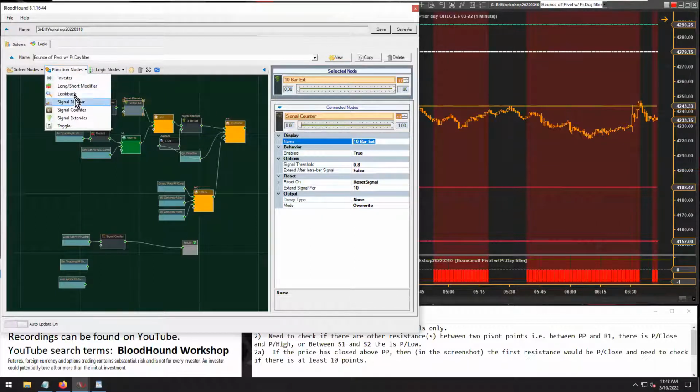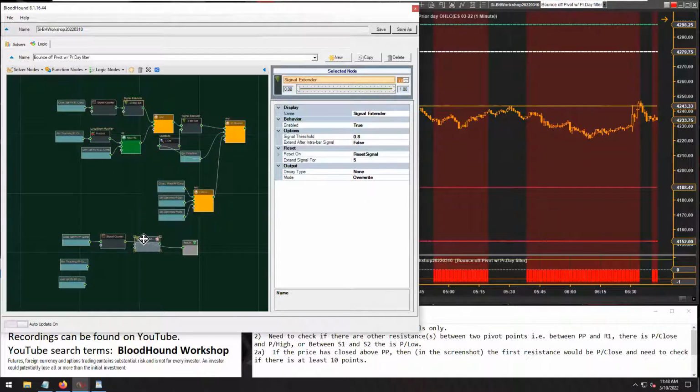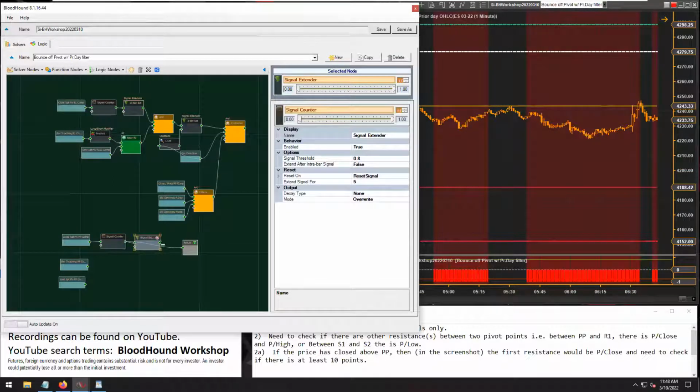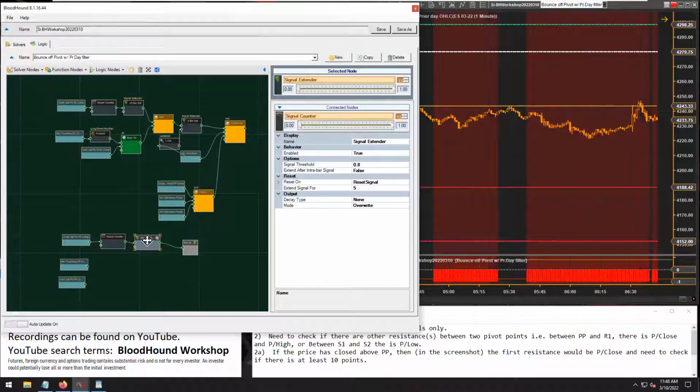And so now we need our 10 bar signal extender there. Let's grab another signal extender and connect that onto the end, like so. And so adjust the extend signal to 10, and here we put in the name.